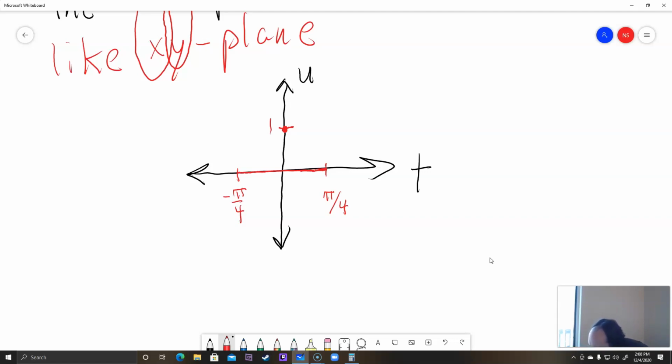Okay, so cosine is going to be going down like this to here. And then cosine of negative pi over 4 is also going to be positive root 2 over 2. Okay, so on the u-axis, that's going to be root 2 over 2.